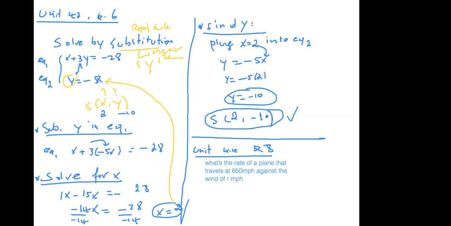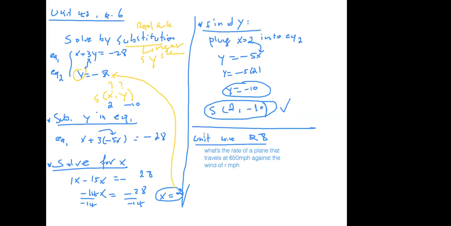So basically, if you're traveling at a speed, let's say, not a plane, if it was you traveling in this direction at 5 miles per hour. And if you're traveling with the wind, in the same direction as the wind, let's say the wind was 2 miles per hour.